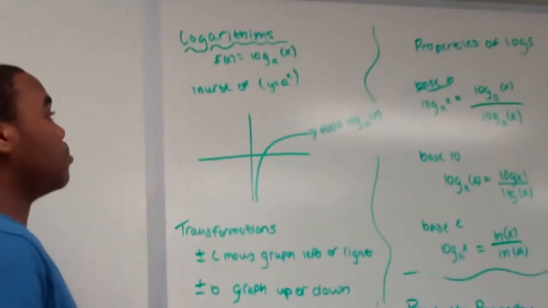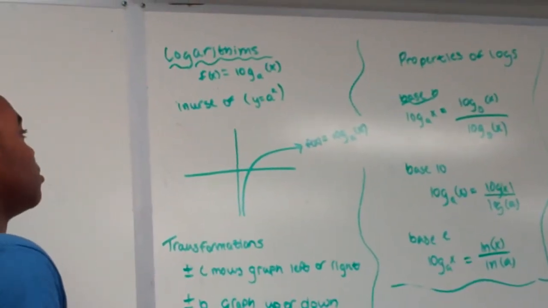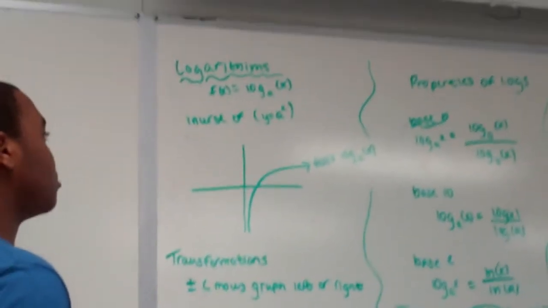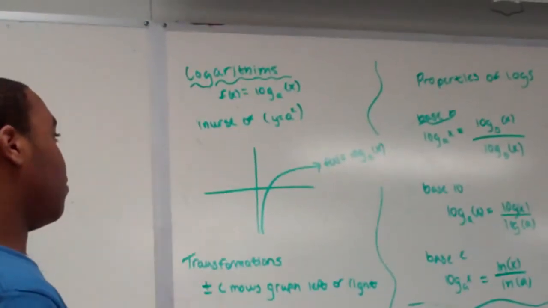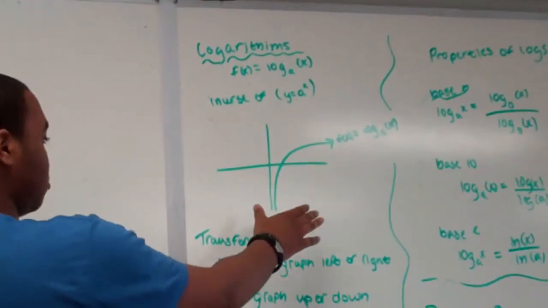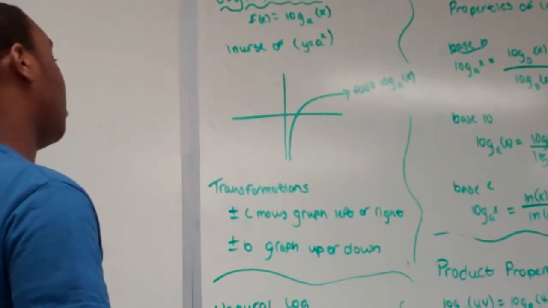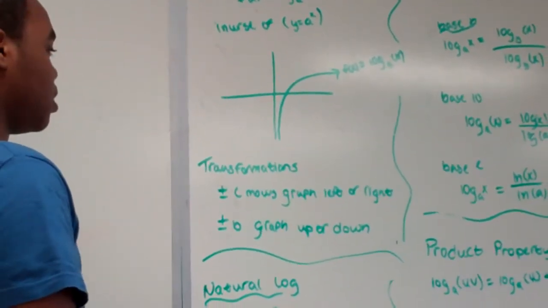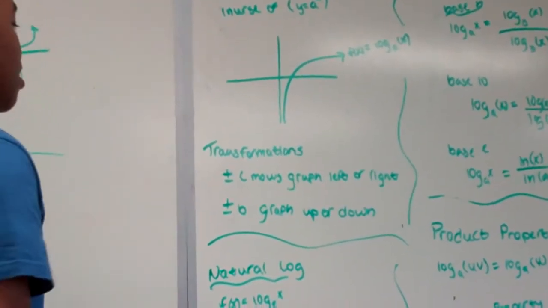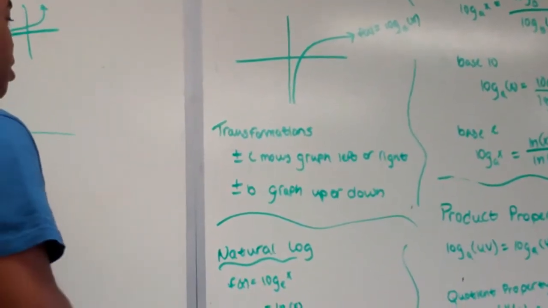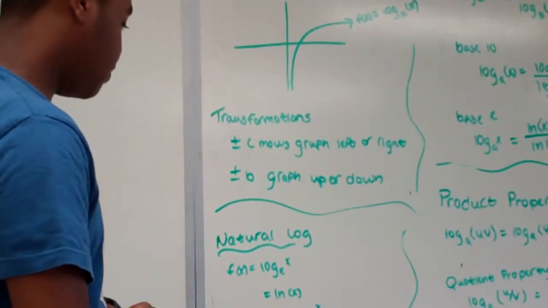Moving over to logarithms, if you have the function f of x equals log base a of x, which is the inverse of y equals a to the x, this is what your graph will look like. Transformations: if you have a positive or negative c, it moves the graph left or right. If you have a positive or negative b, your graph goes up or down.